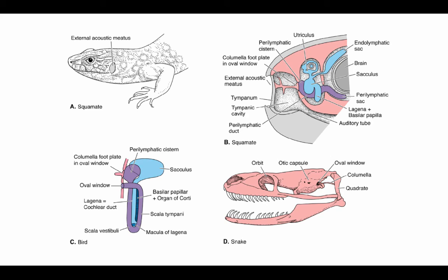And so remember that in the case of squamates, we saw this very dramatic reduction in the dermatocranium, the reduction in the number and the size of the different dermal elements in the skull. In mammals, we see exactly the opposite trend.